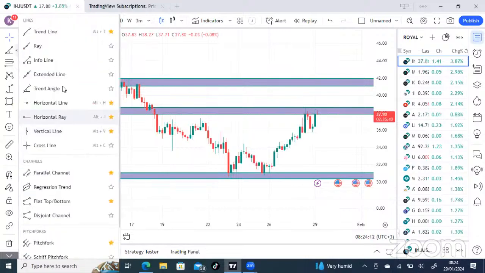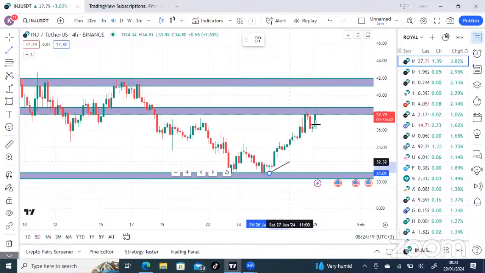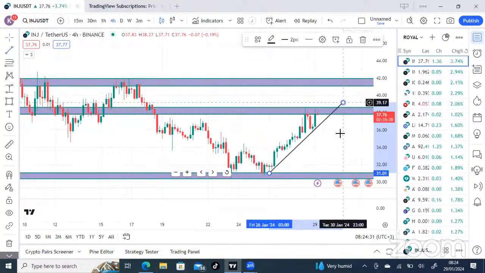So we bring our trend line, press it at the swing low or any lowest point that we want, and then stretch it to that point. And we are done.